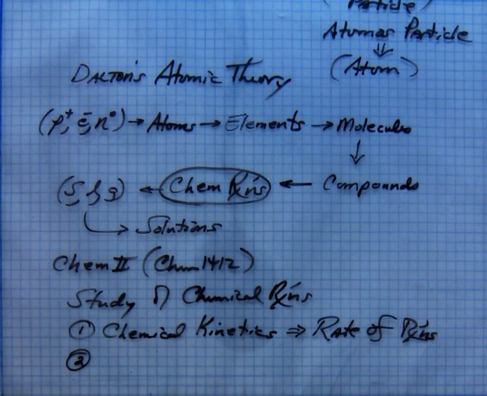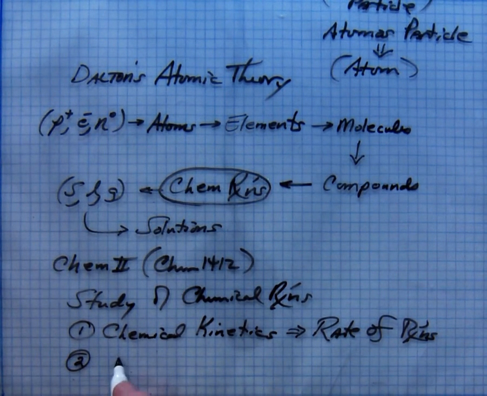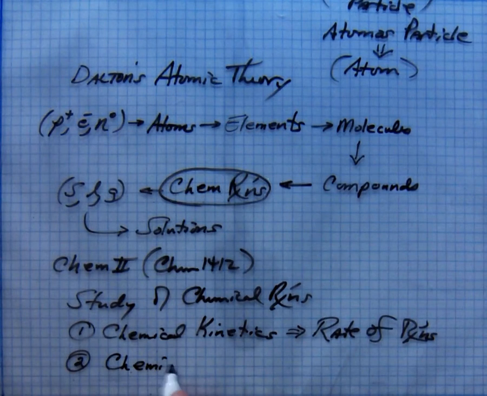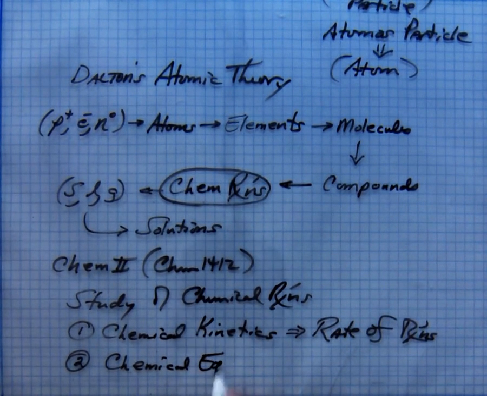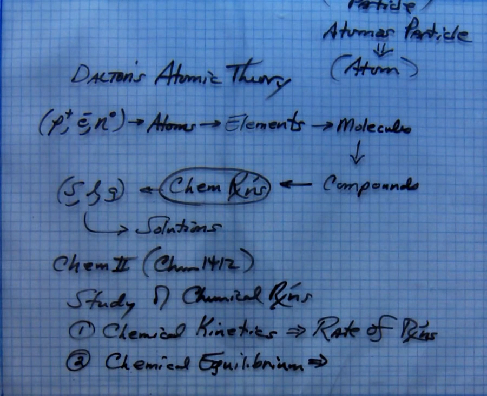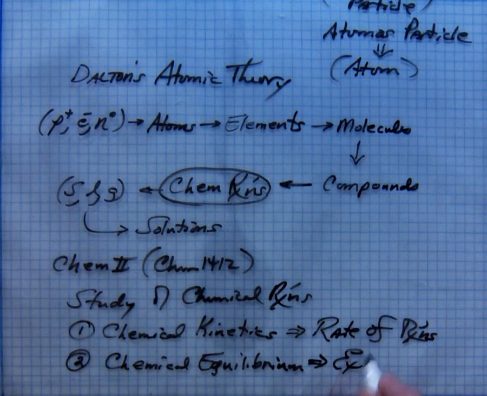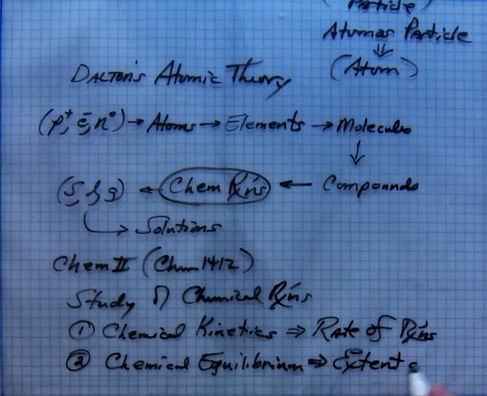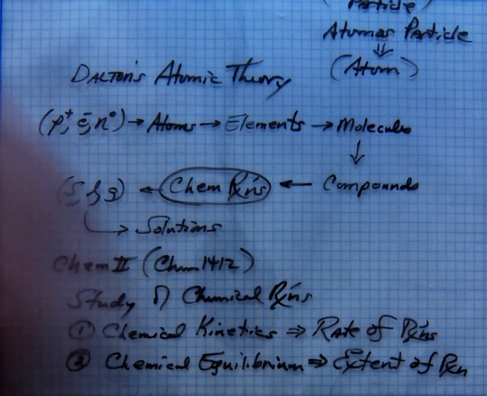Once those products are made, you enter into what we call a steady state condition, and that's chemical equilibrium. I'll show you how all this ties together in just a minute. Chemical equilibrium is the study of extent of reaction. E-X-T-E-N-T of a chemical reaction.